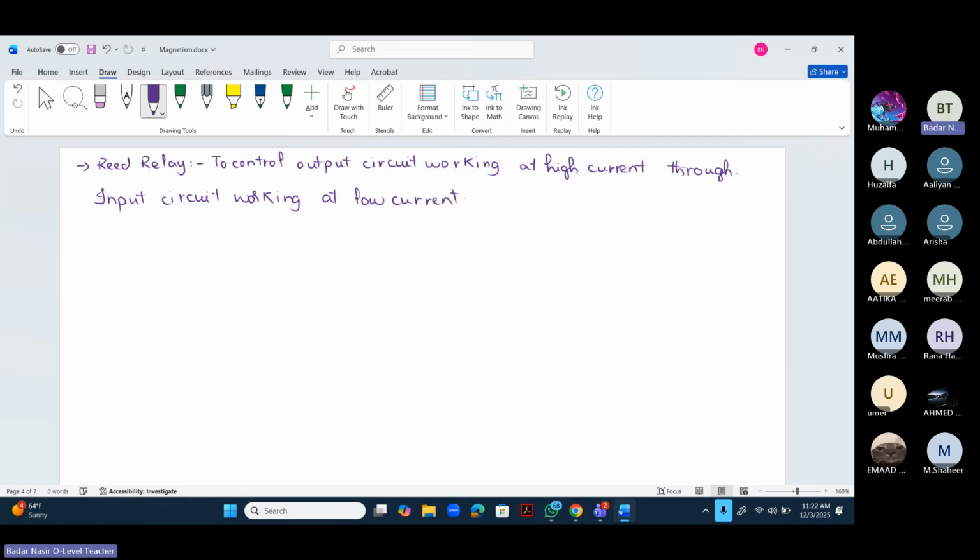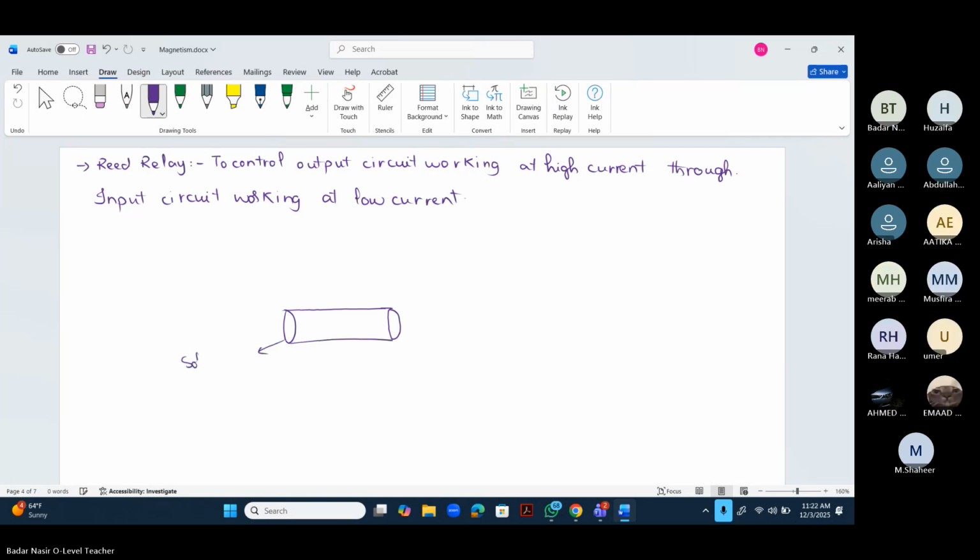Okay, so again reed relay की भी diagram हमें पता होनी चाहिए. So we have a solenoid, or we also call it electromagnet. So this is a solenoid or an electromagnet which is made from iron.